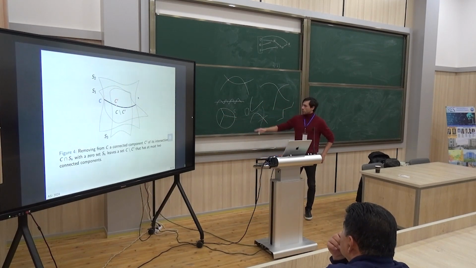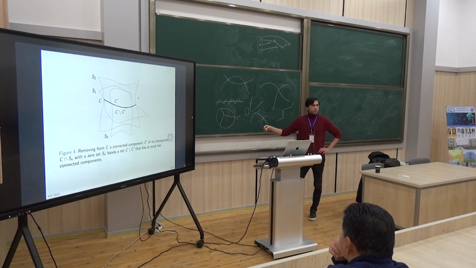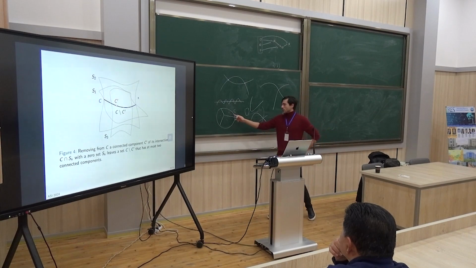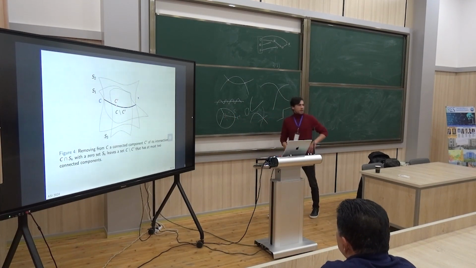Then of course, if you were to remove this C prime from C, you would actually get 3 connected components. So that's not happening here because we're looking at regular surfaces. This is not a regular surface because this has this funny behavior here.